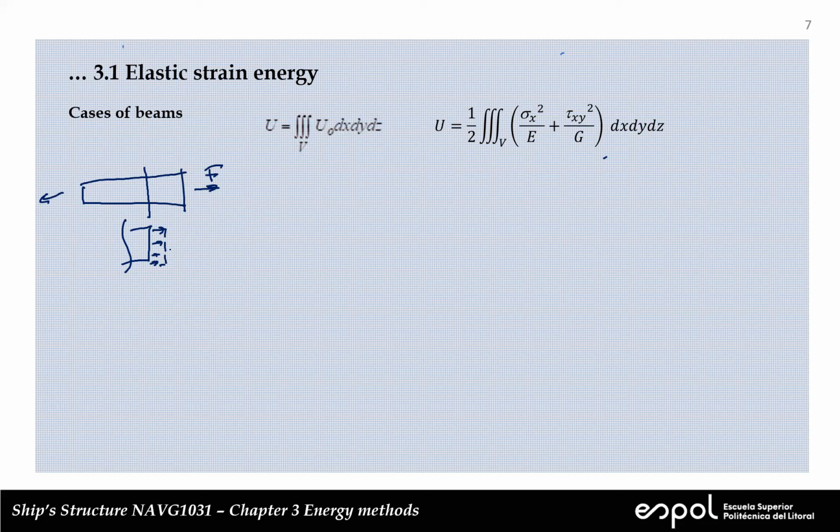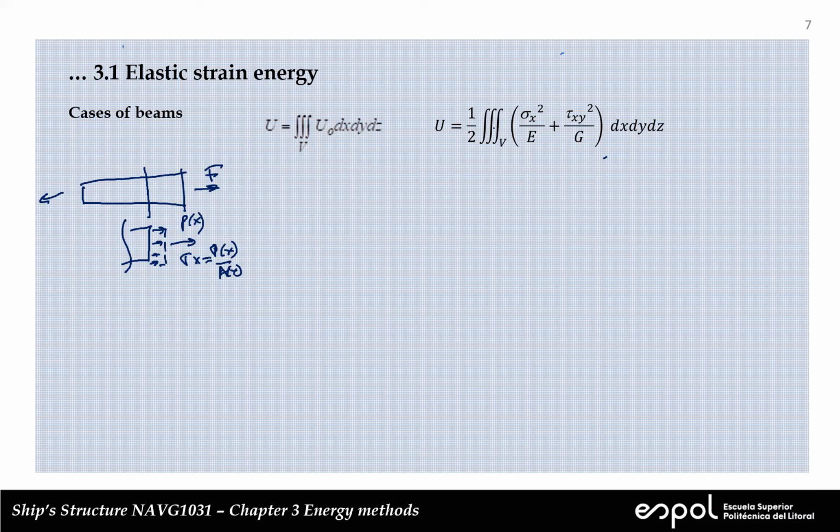And this uniform stress, which is sigma x, will be replaced by P, that's the internal force, divided by the area. So in this case, sigma x is going to be equal to P of x divided by A of x. So we can take this expression and put it here in a minute.